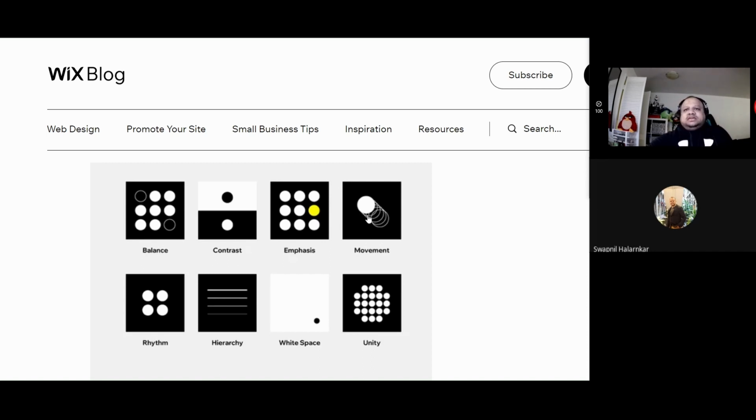And there is movement. We are talking about eye movement. That movement will happen when you see similar objects, similar values, similar shapes, and then they are placed in a certain way that your eye tends to move around it.